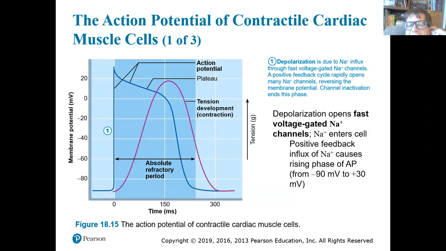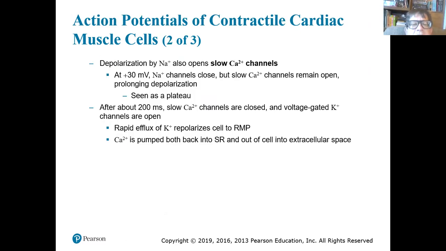So the fast channels open and sodium rushes into the cell and it very rapidly becomes very positive. And that also will open slower calcium channels. That's important because just like a normal muscle cell, skeletal muscle, we need the calcium in order to be able to contract. We have to bind to the troponin, tropomyosin business, pull that out of the way so the thick filaments with their heads can pull on the thin filaments, all that stuff.